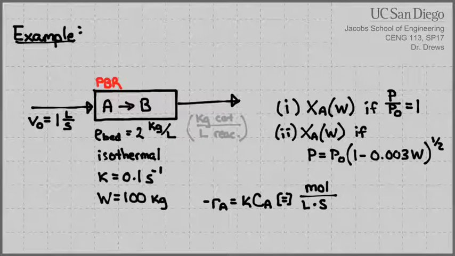Our equation, though, if you flip back to yesterday's class, needs an RA prime. What are the units of RA prime? It was moles per something per time. What was that other unit that was there? Because we're in a packed bed reactor. Mass of the catalyst. So we need a kg here.